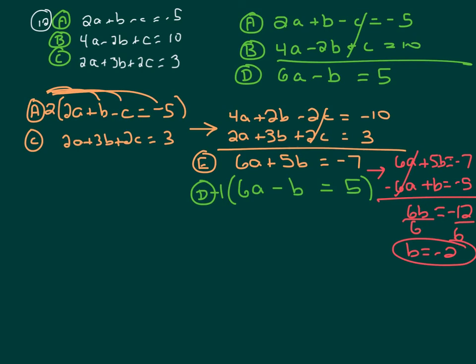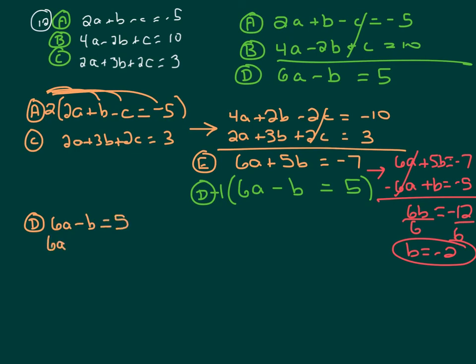B is matching up. All right, so at this point we can go back to one of the equations we created in two variables. So either the D or the E. And since we know B, we can use either one of those equations to help us solve for A. I'm just going to use this equation right here, D. So in equation D, instead of 6a minus b equals 5, we're going to replace that b with a negative 2.